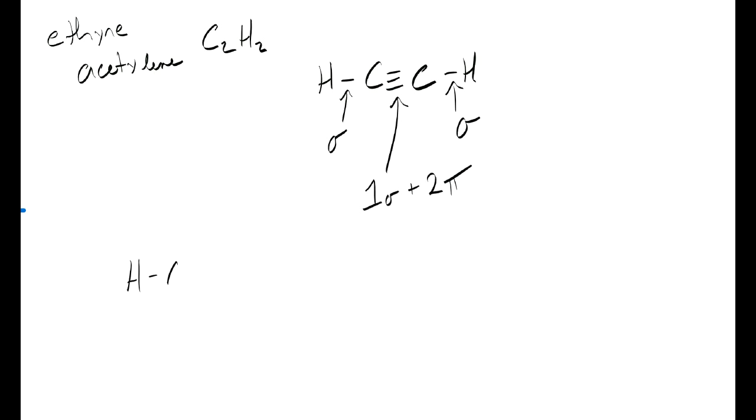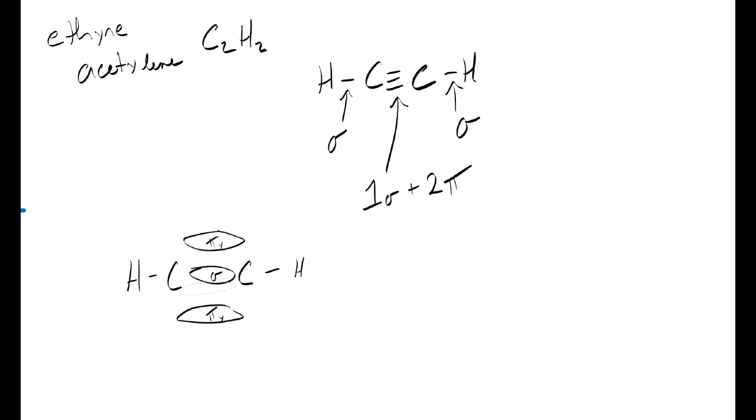Now we have C and H. So the first bond lives directly between the two carbons. That's our sigma bond. Then we have another bond that lives above and below. That's our first pi bond. Let's go ahead and call that pi y. And then this one will be a bit harder. So let's go ahead and maybe draw it a different color.